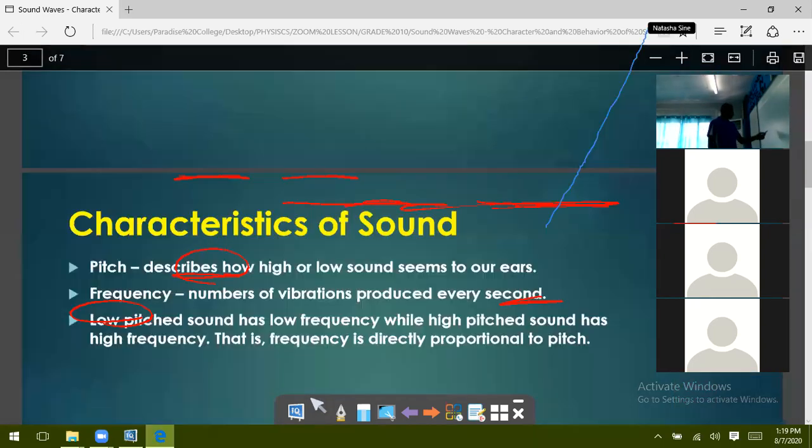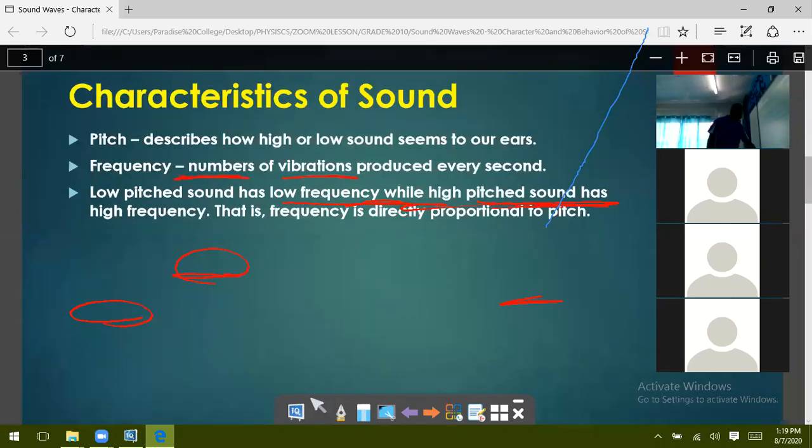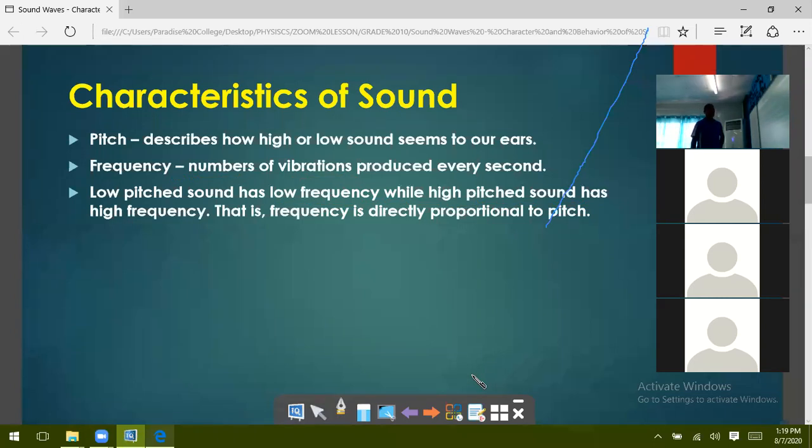Let's move down to the characteristics of sound. Sound is associated with certain characteristics. The first one is the pitch. The second one is frequency, and pitch and frequency are closely related to each other.